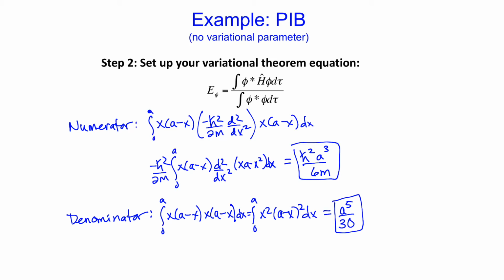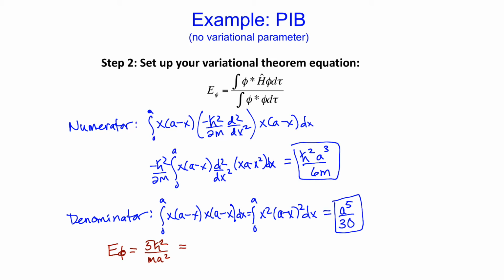Putting everything together, we get a variational energy of 5h bar squared over ma squared, which, if we want to compare to the energy that we know for the ground state of a particle in a box, we can rewrite in terms of h instead of h bar.